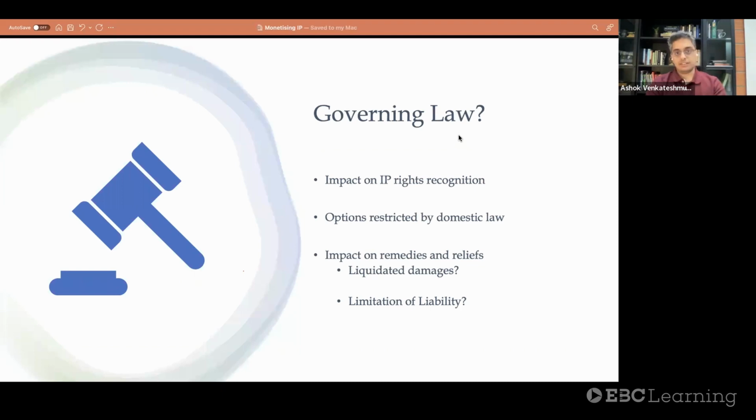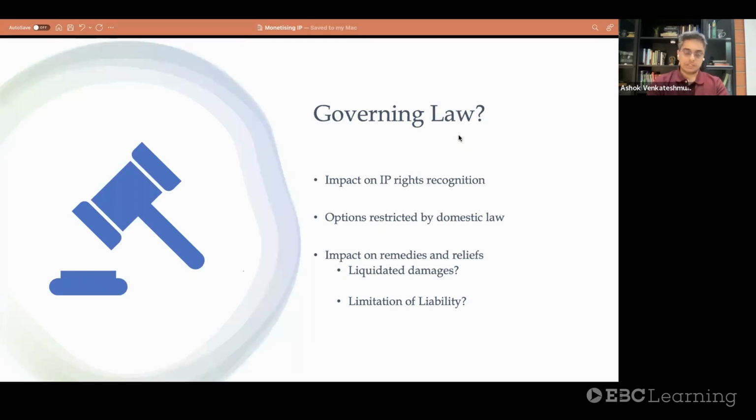So even the notion that the parties can decide the governing law cannot be taken for granted. You have to examine that on the strength of every agreement and then take a call, because governing law affects the IP. And if the governing law is restrictive or does not adequately address IP concerns, then you have to change the governing law. But if the jurisdiction does not permit the choice of governing law, then you have to potentially examine the change in jurisdiction, or alternatively advise the client of the risk and let them take the decision as to whether to proceed or not.